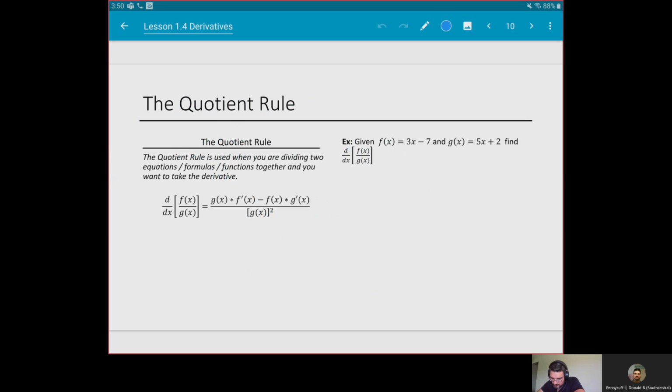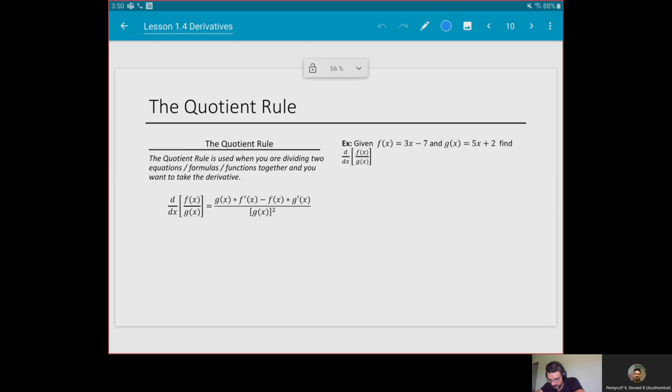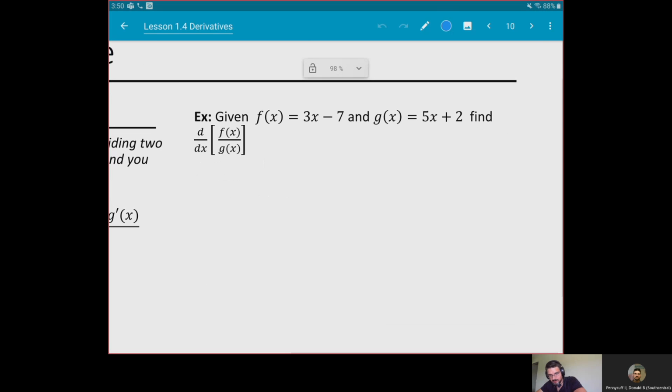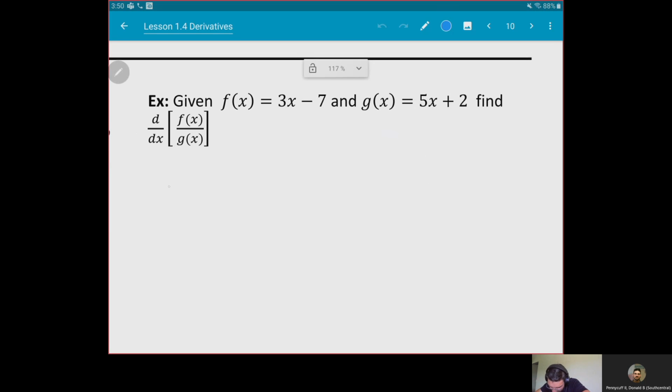Okay. All right. Now the quotient rule. The quotient rule is when you are dealing with the derivative of a fraction. So the derivative of a fraction is low d high minus high d low over low low.